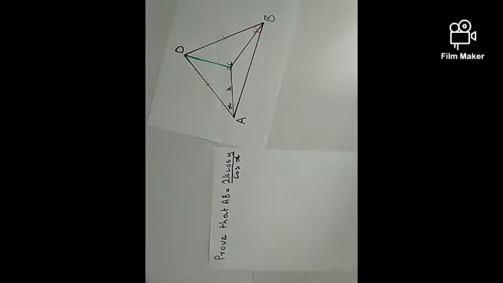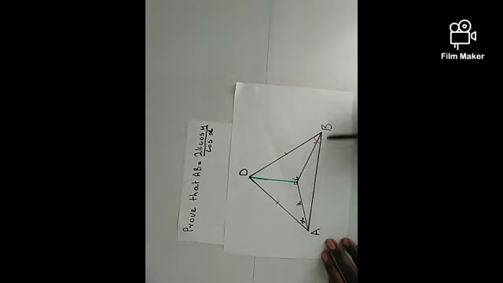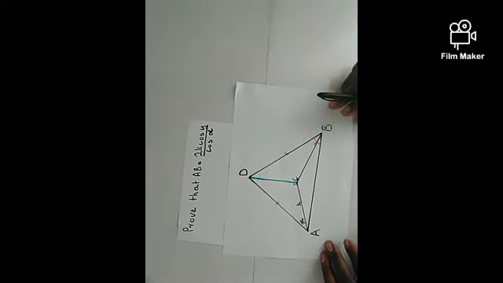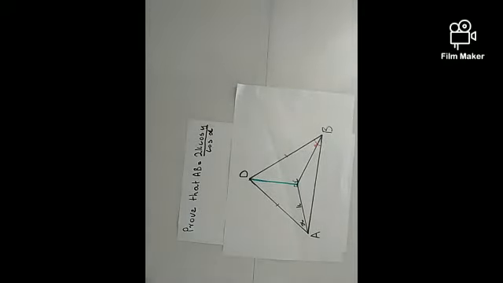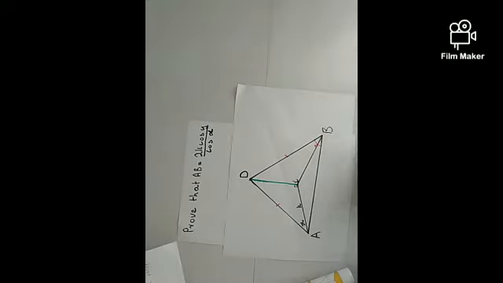So we want to prove that AB equals 2k cos Y over cos X. From the given information, the first step says we must use geometry to fill in as many angles as we can.